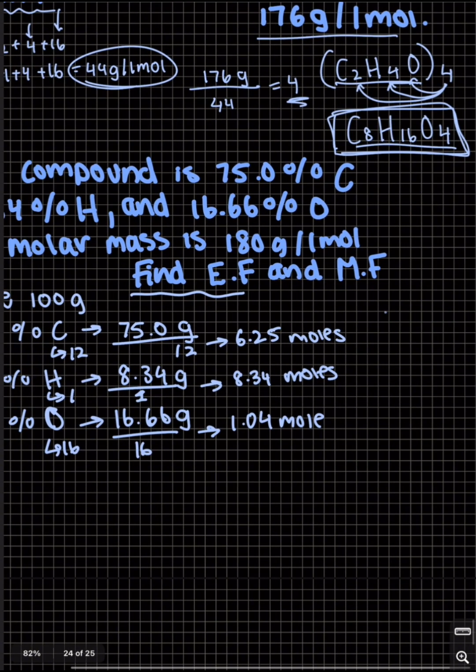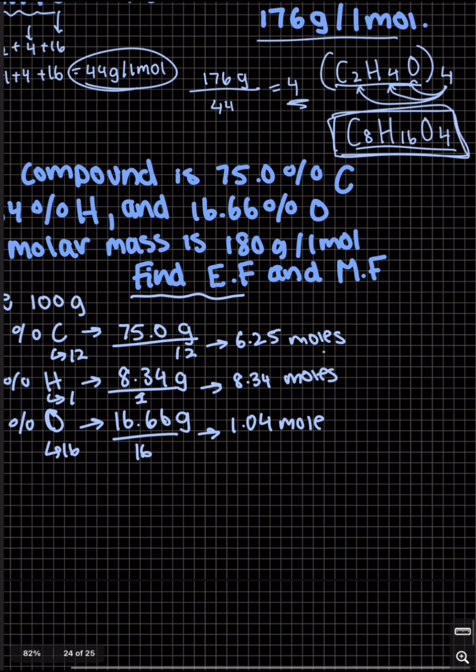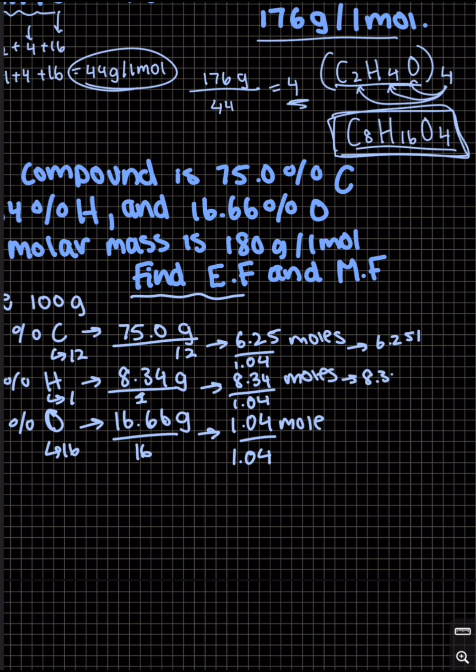Now, out of these three, what is the smallest number? It's 1.04, meaning that I'm going to divide each of these numbers by 1.04 to find my subscripts. These values are really long numbers, but they come out to about 6.25, then 8.34, and this one is just 1.